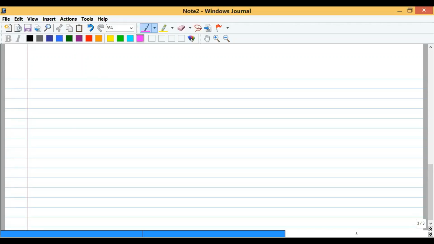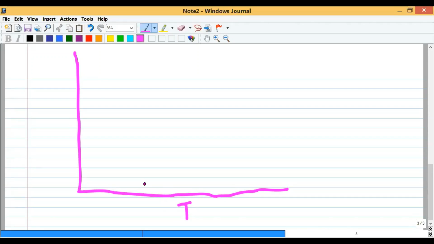So if this is your deformation axis and this is your temperature, and this is your E, it will be in Pascal.